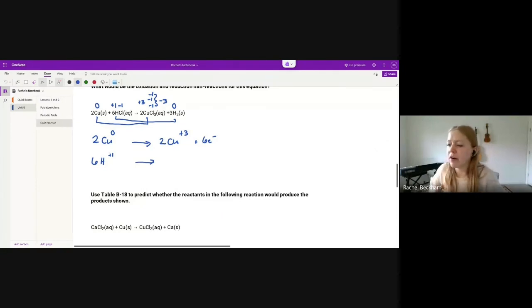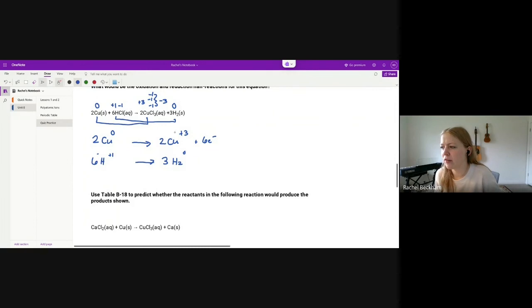All right, so now we're going to write the other half. You can see that the hydrogen had a +1 charge here, and then it went to having a charge of 0 here. And so we're going to just write that out, but you're only writing the part that includes hydrogen. Okay, so where should we put the electrons? Well, it looks like you basically put it on whatever side the positive charge is on.